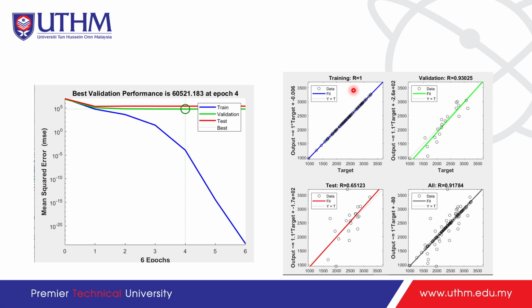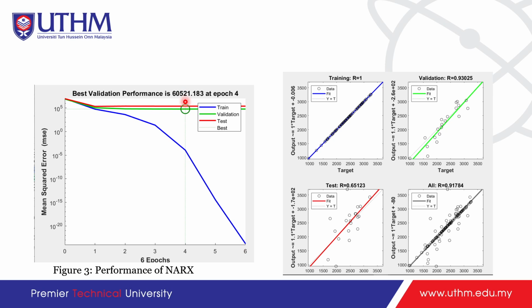It shows that the training R equals 1, meaning the regression equals 1, and likewise for validation, test data, and all data. For a perfect regression the coefficient should be 1, meaning a perfect match between the target, the real data, and the output, the predicted data y. This is the performance of the training; the mean squared error is decreasing.